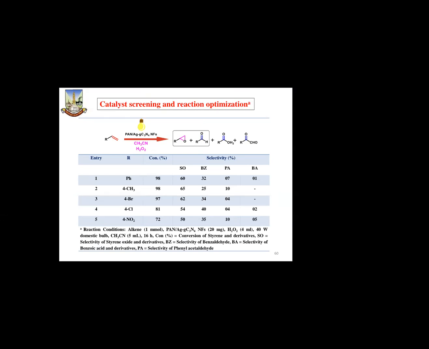In case of NO2, it shows 72%. But in the selectivity study for the change in the R group, CH3 shows selectivity towards styrene oxide of 65% as compared to the other 3 to 4 cases.